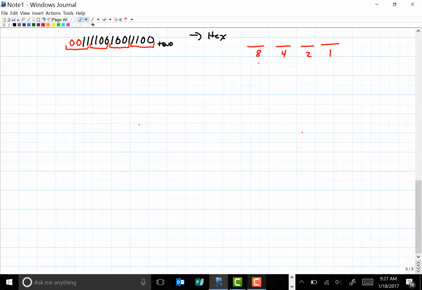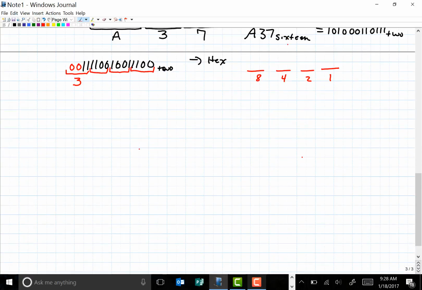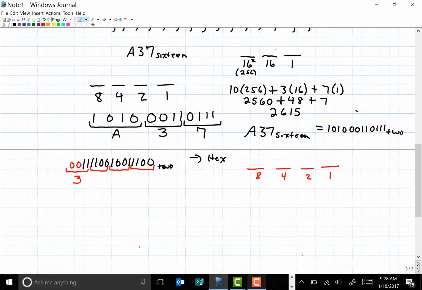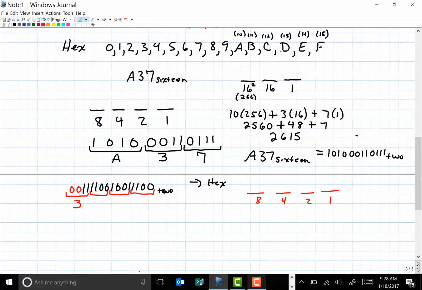So if I have a 0, a 0, a 1, and a 1, this is going to be 3. And then the next one I have a 1 here, a 1 here, and then these two are zeros, so 8 and 4 is 12. Remember, in base 16, 12 is represented not with the symbols that we typically use, but with this symbol C, right? So since this value is 12, we'll use the symbol C to represent it.